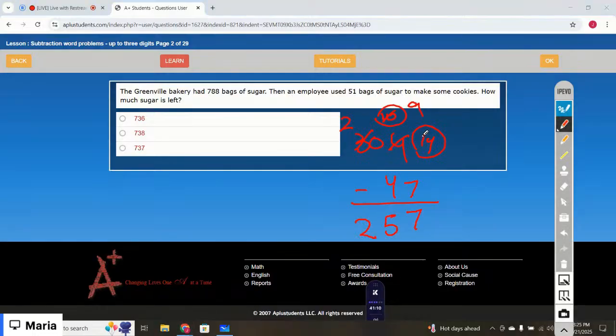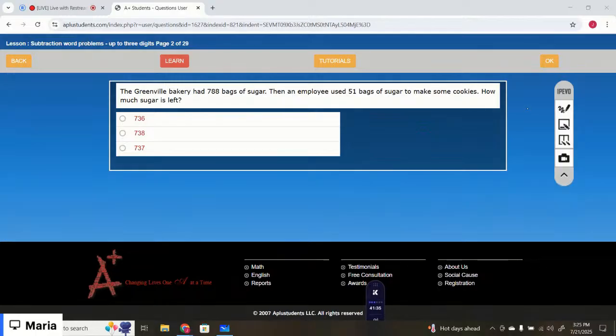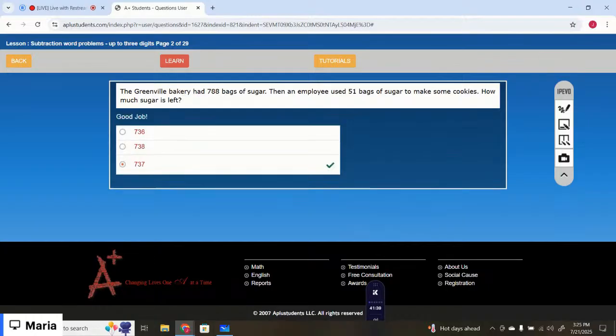You have to do 788 minus 51. 8 minus 1 is 7. 8 minus 5 is 3 and 7. That makes 737. Option number 3 is the correct option. Got it? Option number 3 is the correct option. That is 737.